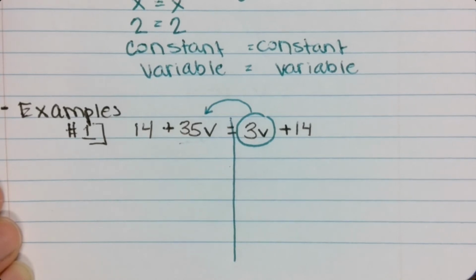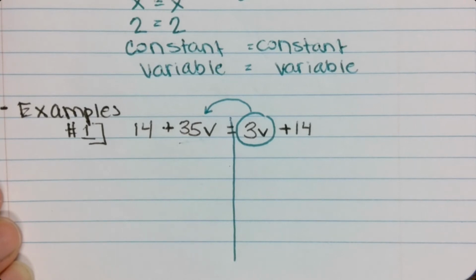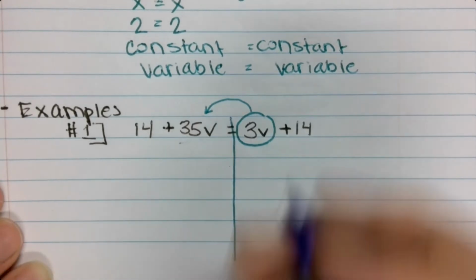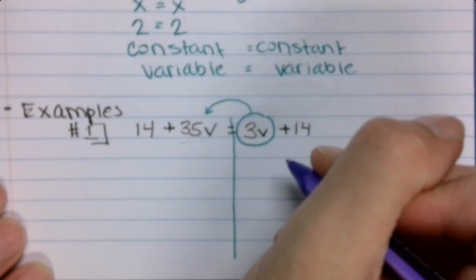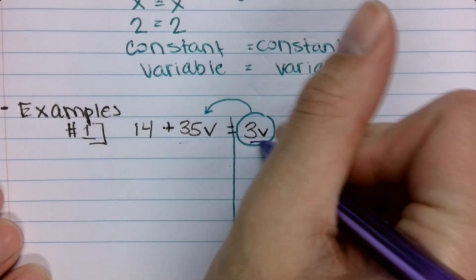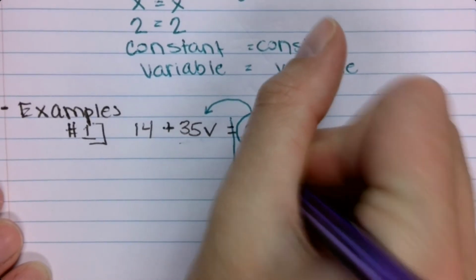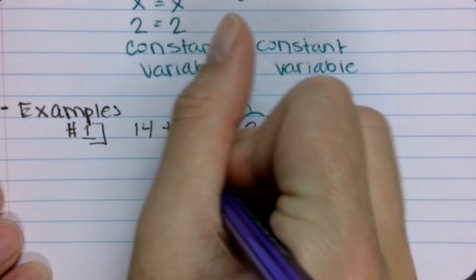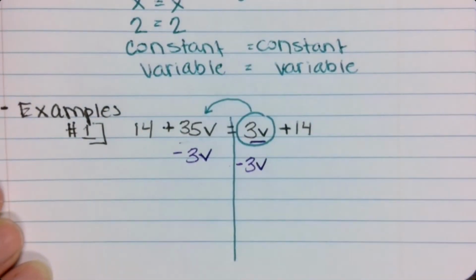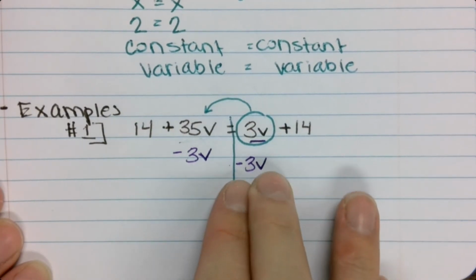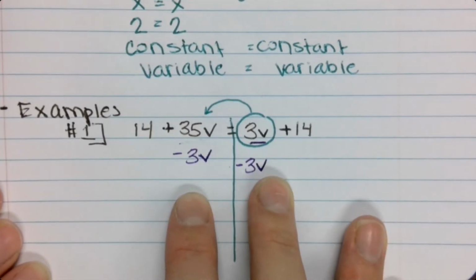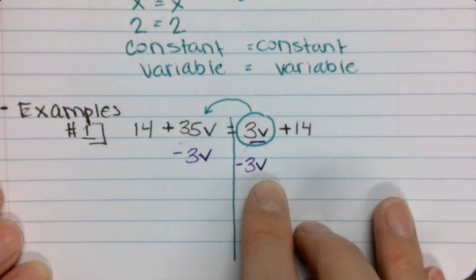So when you move the entire term, it's going to be the inverse operation. So right now, this is plus 3v, so the inverse would be minus 3v on both sides. So again, separating this is different than moving the whole thing.